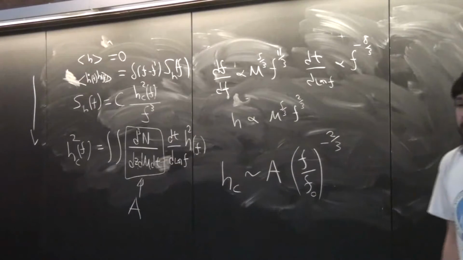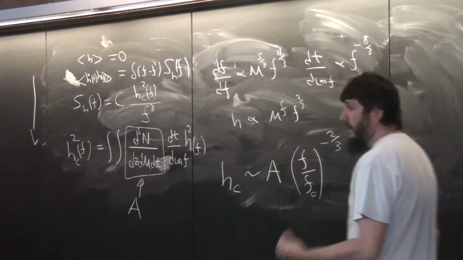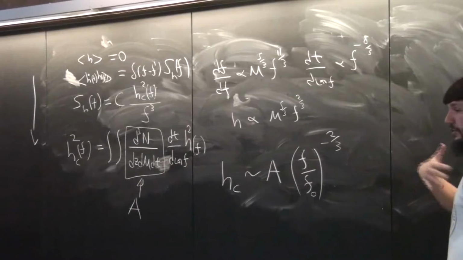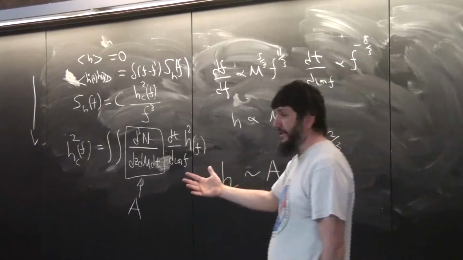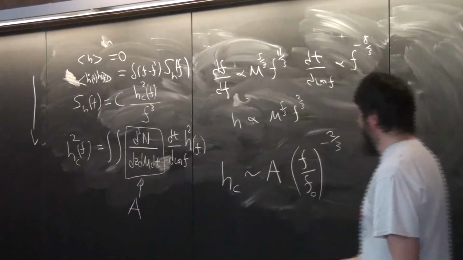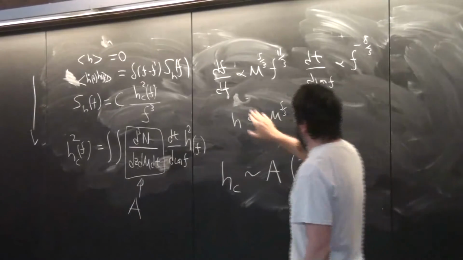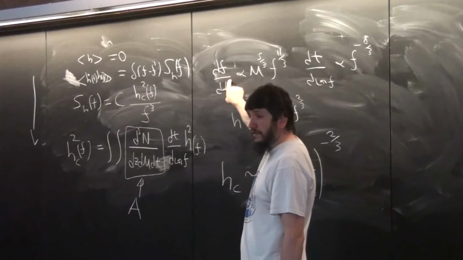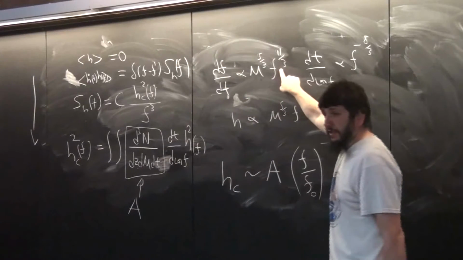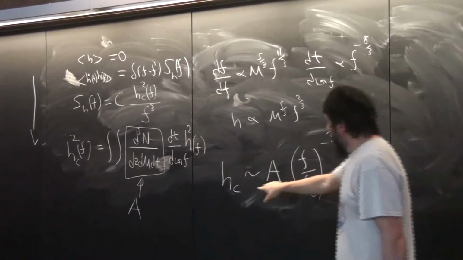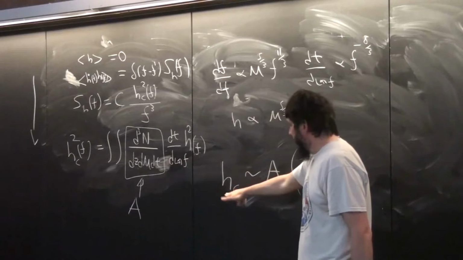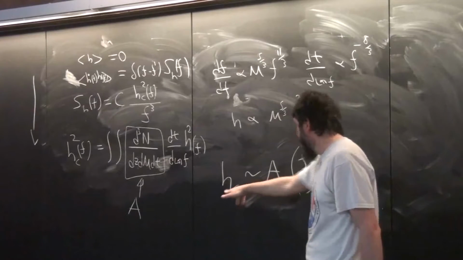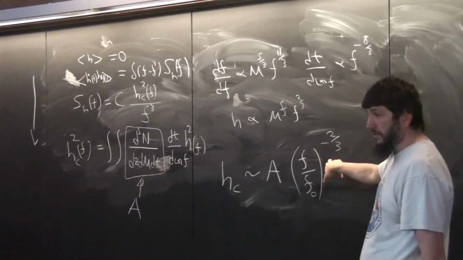Okay? So, a stochastic gravitational wave background from a population of massive black hole binaries, in the limit where we have many sources, so you don't care about the small number statistics, etc. These binaries, I assume that they are circular and that they are driven by gravitational waves, so the frequency drift has this functional shape here. It is a stochastic signal with the characteristic amplitude h_c that goes with the frequency to the minus 2/3.